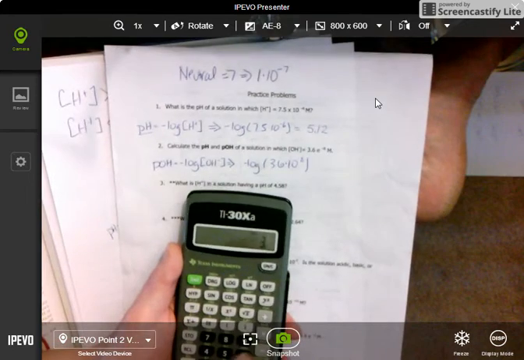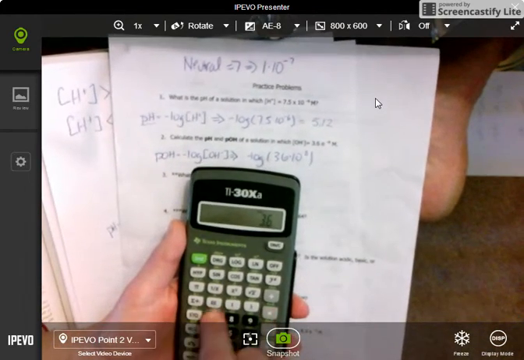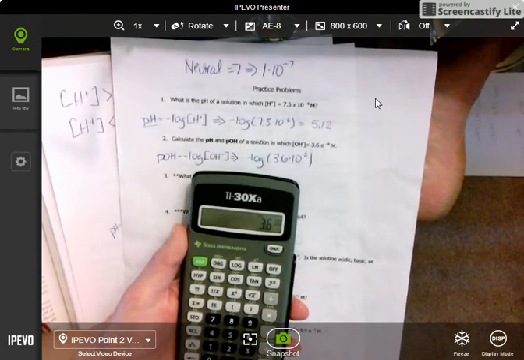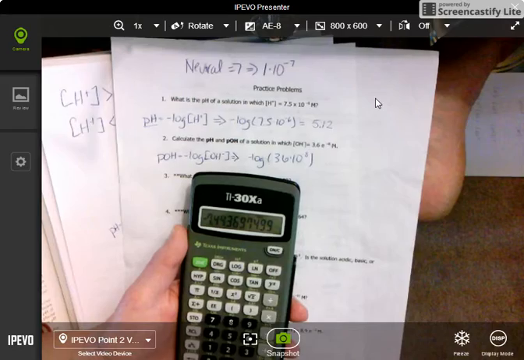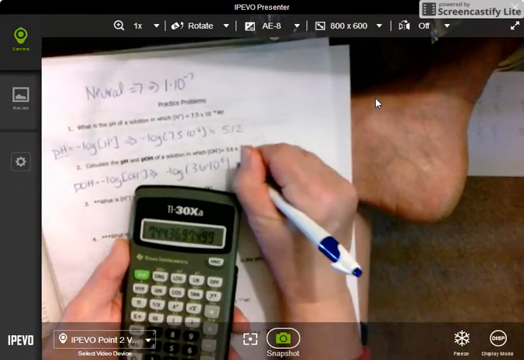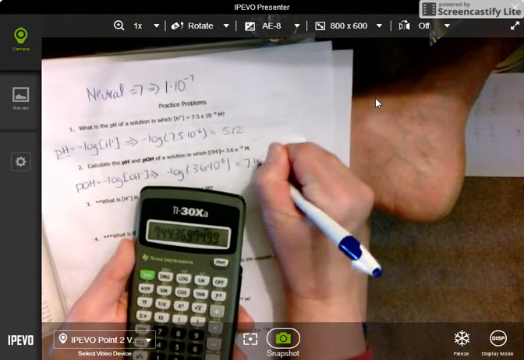So I'm going to do 3.6 EE negative 8, log, negative. So the pOH is 7.44.